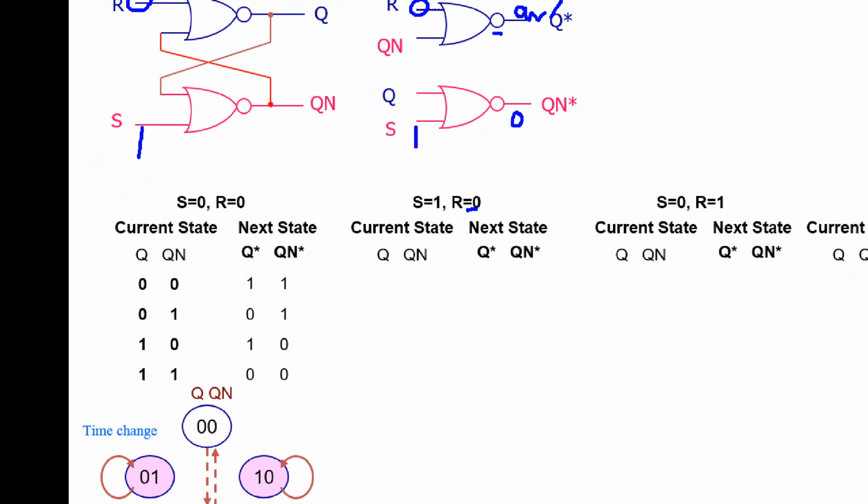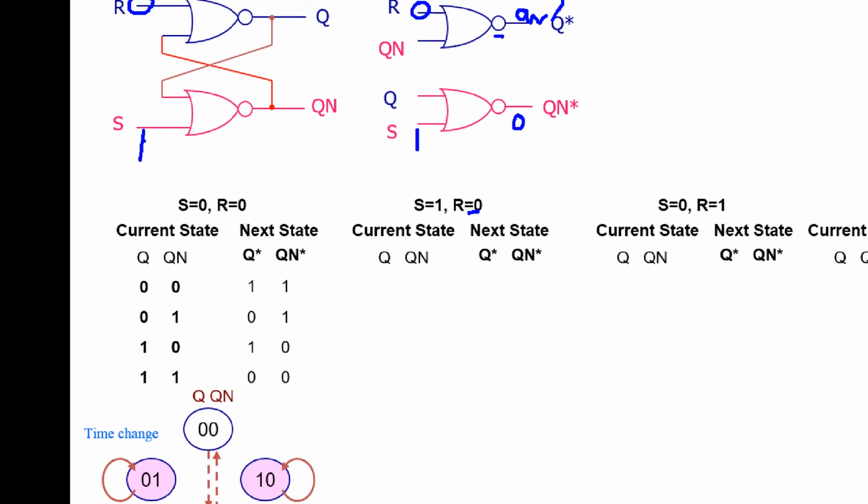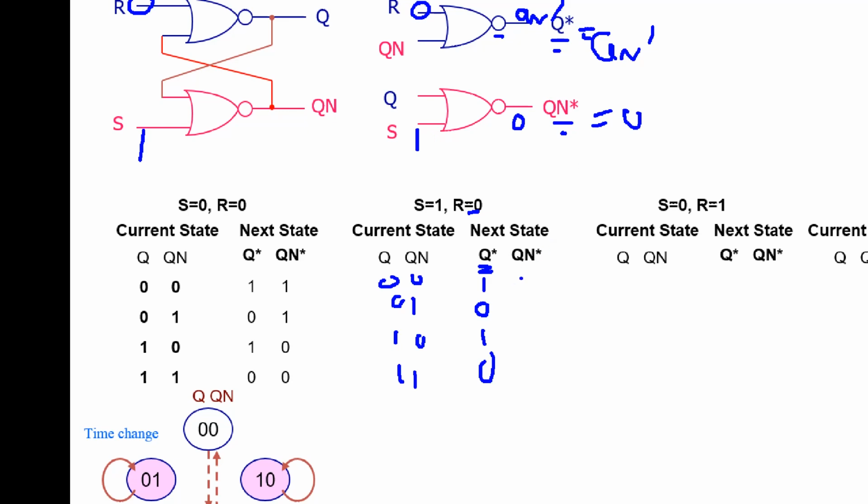So in this case, again, there are 4 cases of Q, Qn: 0, 0, 0, 1, 1, 0, and 1, 1. Q star is Qn prime. Qn is 0, 1, 0, 1, so Q star is 1, 0, 1, 0. Qn star is 0, right? So 0, 0, 0, 0.